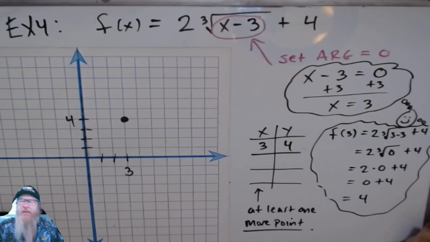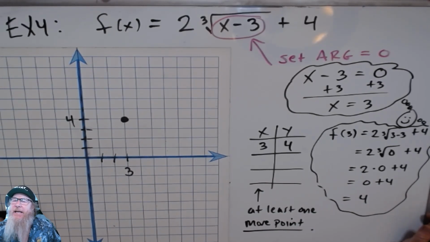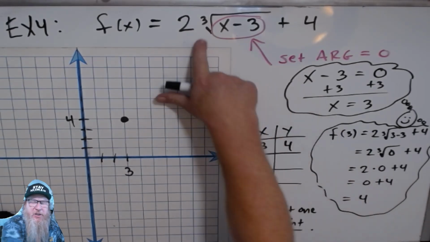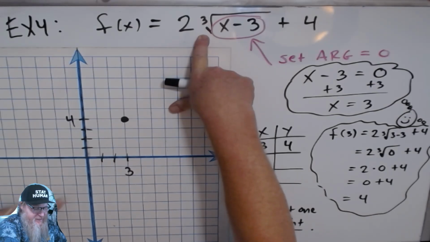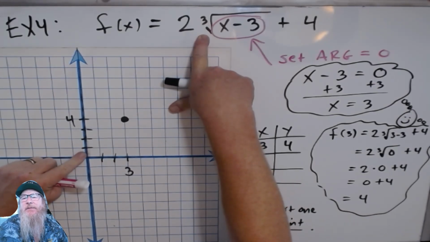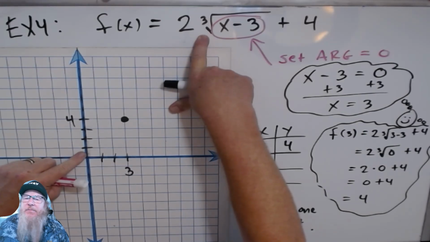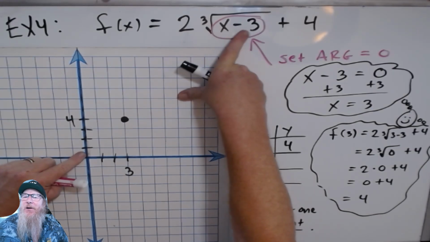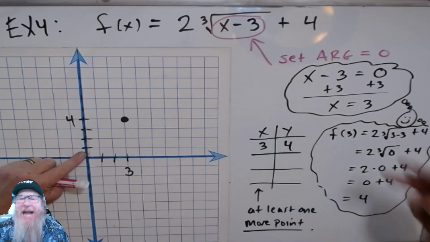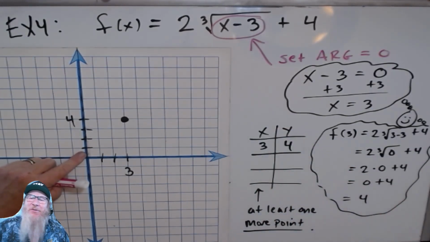All right. And again, you can pick any x you like. Now, this is a cube root, so I don't want to pick 0. Right? With an absolute value, 0 is a great number, but with a cube root, it's not so great, because look, 0 minus 3 would give you -3, and then you'd have to use a calculator, and it would get really messy.